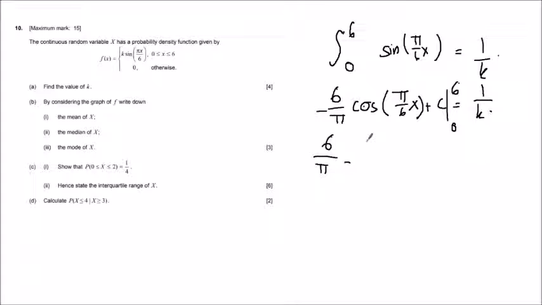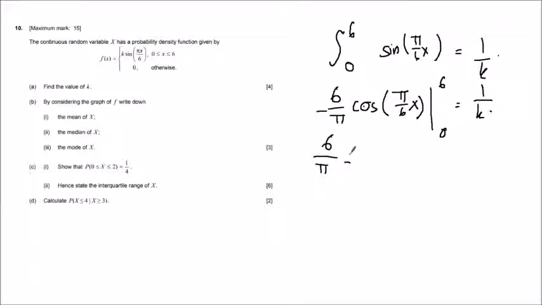So what? Wait, there's something wrong with this. Okay, there's no plus c, first of all, because it's a definite integral. Evaluating at 6, cosine pi is positive, right?